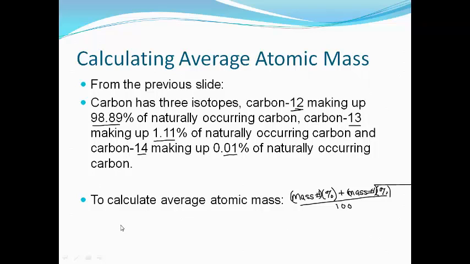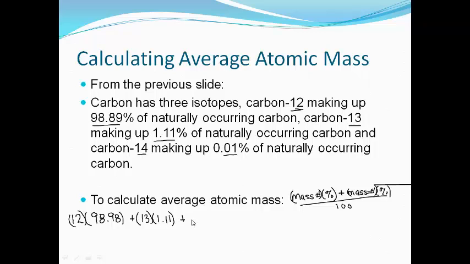Let's see how that works for carbon. We have carbon 12, so the mass number is 12, and the percent abundance is 98.89. We're going to add that to the second isotope, carbon 13, which has a mass number of 13 and an abundance of 1.11%.